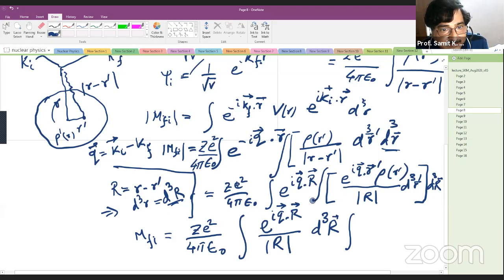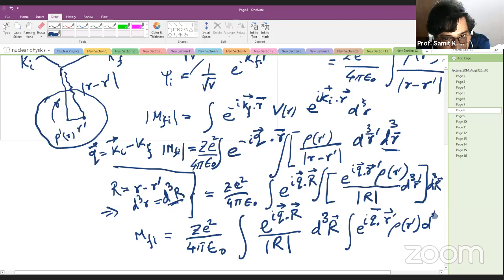So it will be like this, or this integration part e to the power i q dot r prime, rho r prime, dq r prime.